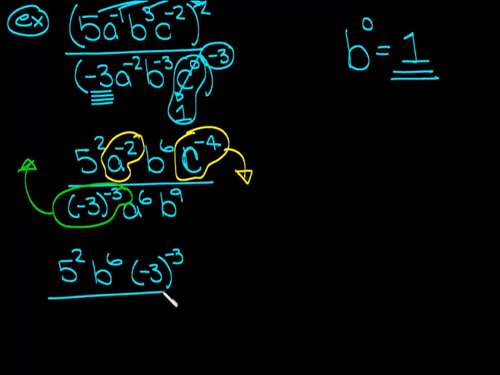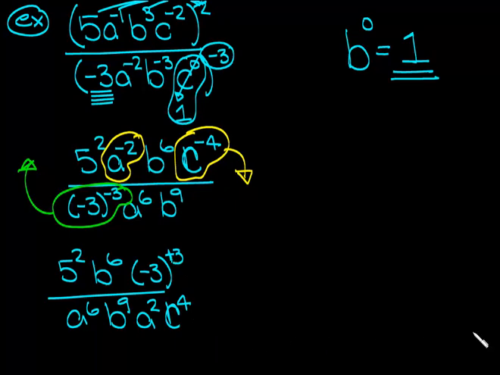Okay, and on the bottom we have a to the 6, b to the 9, and then these two yellow things go to the denominator, so you get a squared c to the 4. Oops, this becomes a positive exponent when we move it to the top.